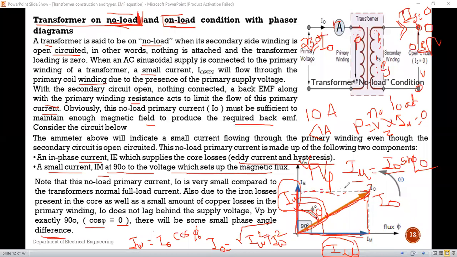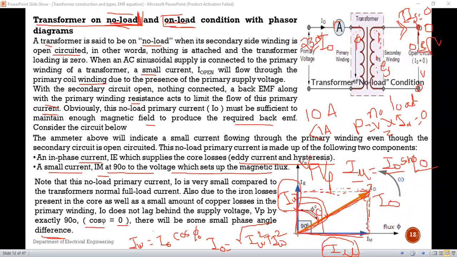If we draw the parallelogram, the summation of these two components is the no load current I0 at no load condition.